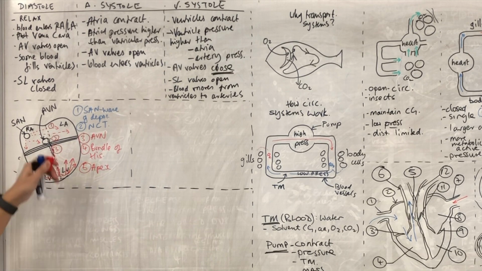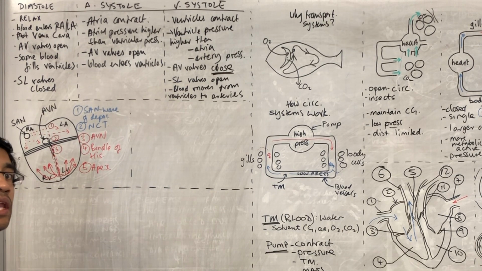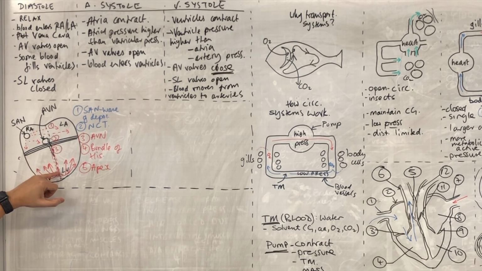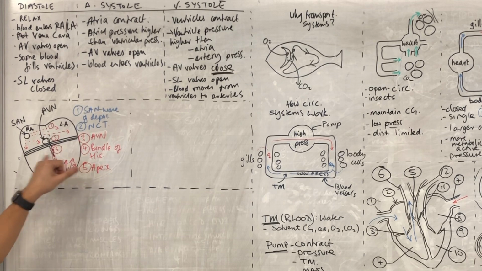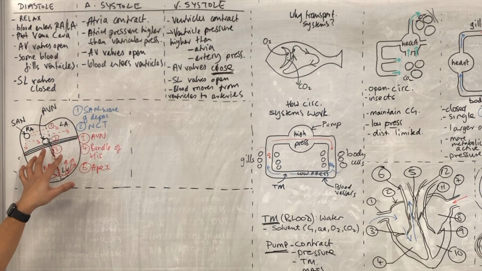Now, by this point we've had a bit of a delay from the time that the atria contracted. There was a delay because it took some time for the excitation to get to the atrioventricular node. There was a further delay because the wave of depolarization had to pass along the bundle of His all the way down to the apex before it could then spread to the cardiac muscle cells of the ventricles.